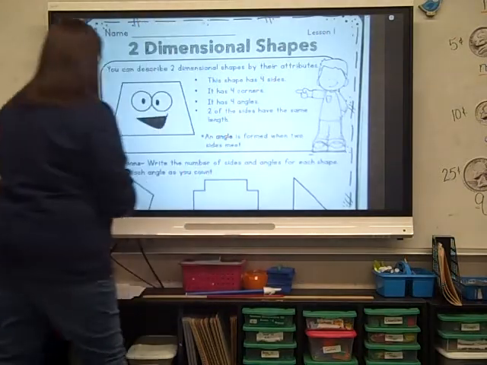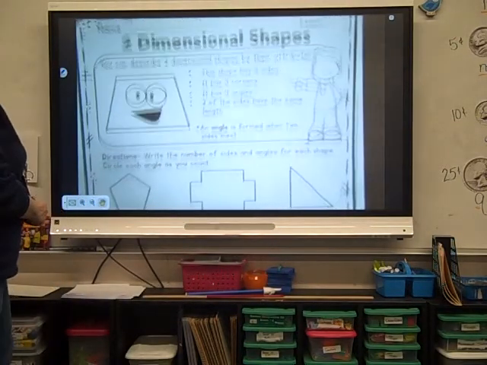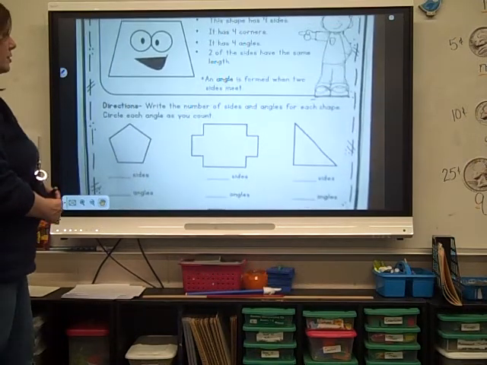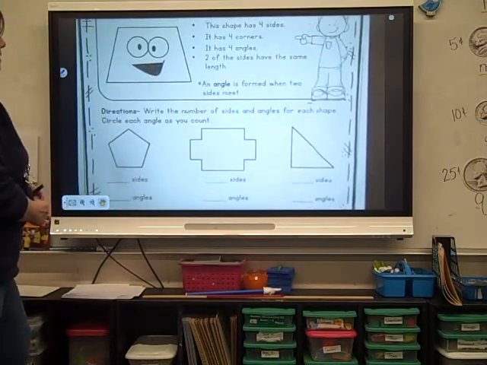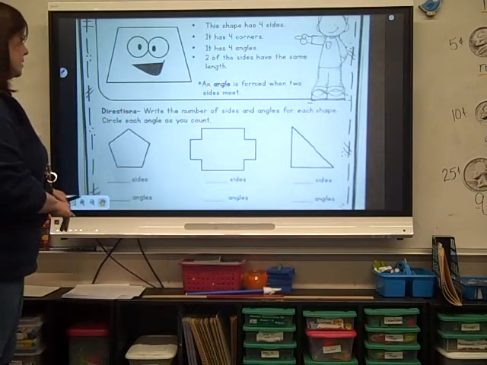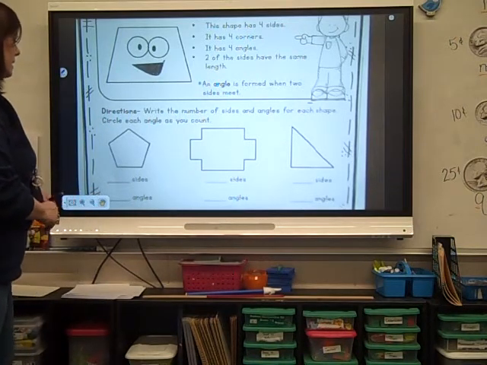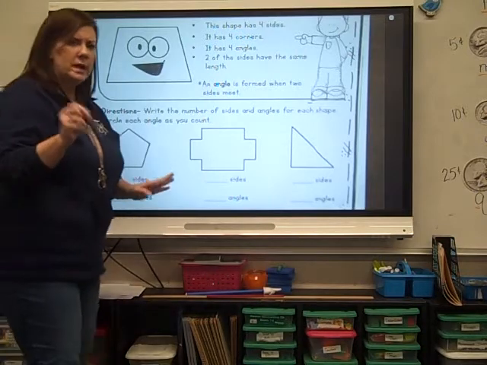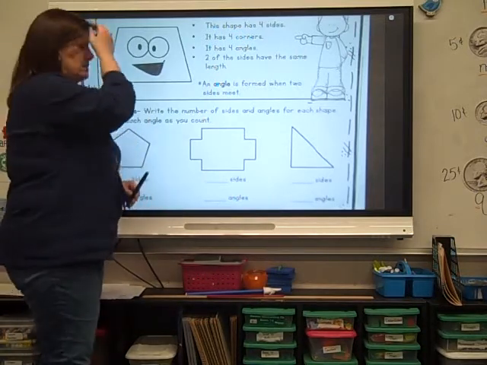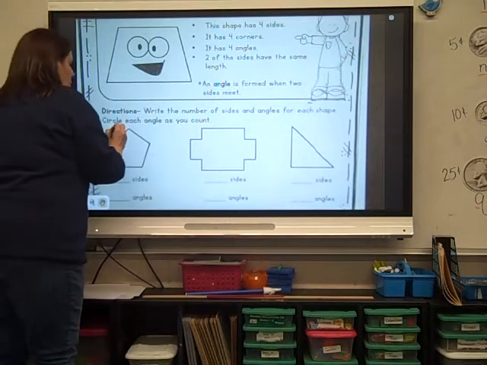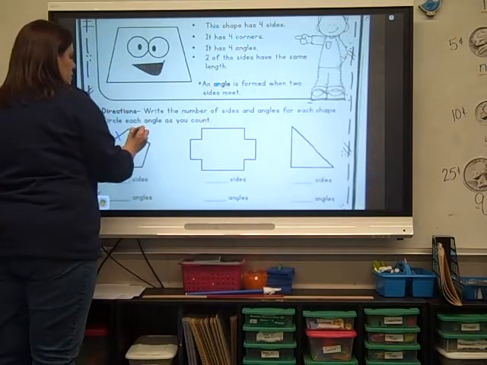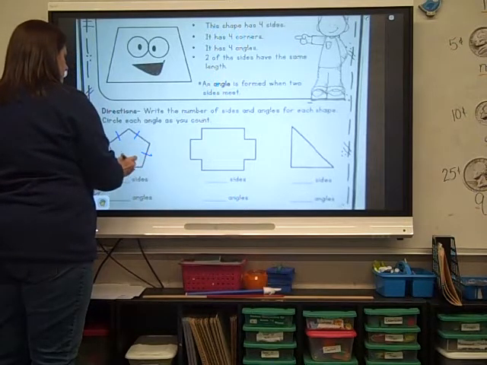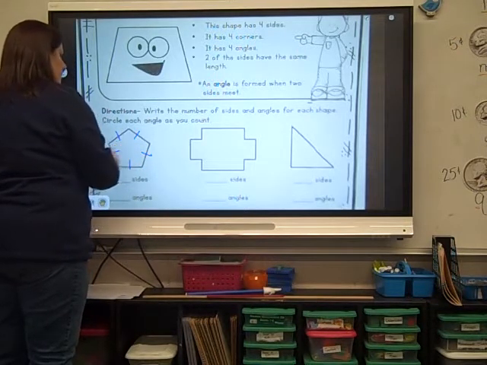And we're going to move up to the first one, or the first row. All right. So, it says write the number of sides and angles for each shape. Guys, I'm going to show you a little hint. This is the way I count sides. Like, one side, two sides, three sides, four sides, five sides.